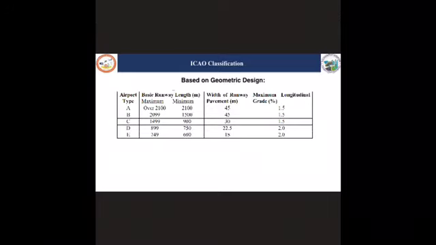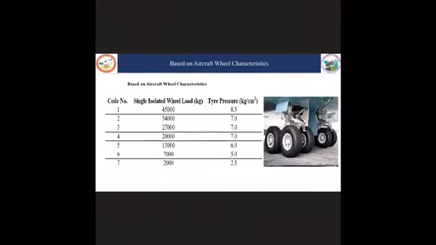Similarly, the geometric parameters for various types of airports are given by the ICAO, and from here you can note that the maximum gradient provided for the runway will be restricted to 2 percent. The last classification is based upon the aircraft wheel characteristics, depending upon the load carried by the wheels and the tire pressure for a single isolated wheel load.